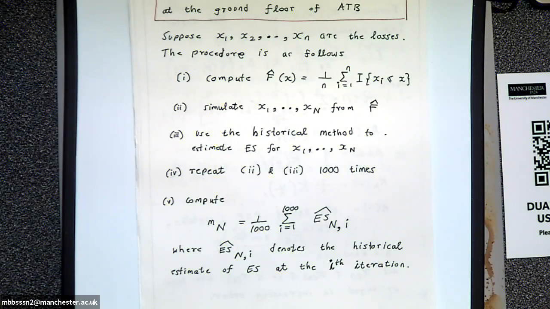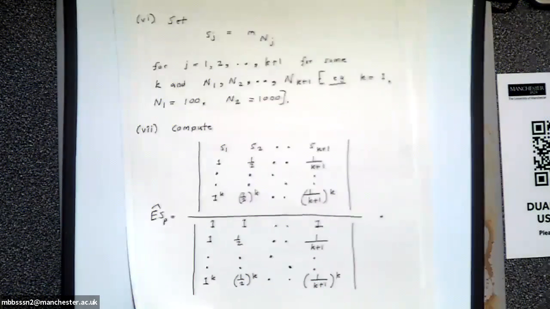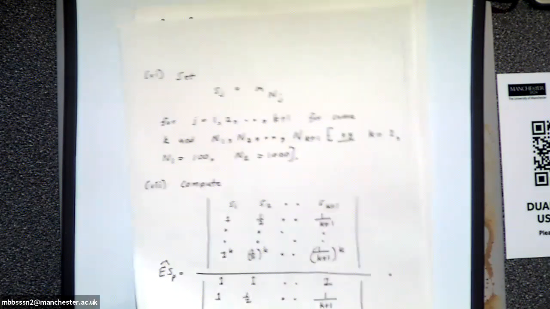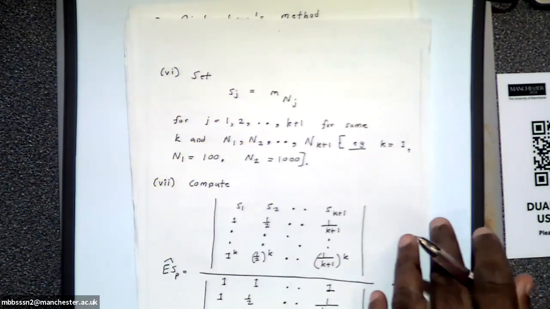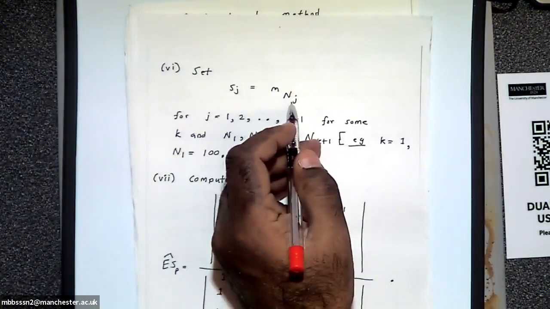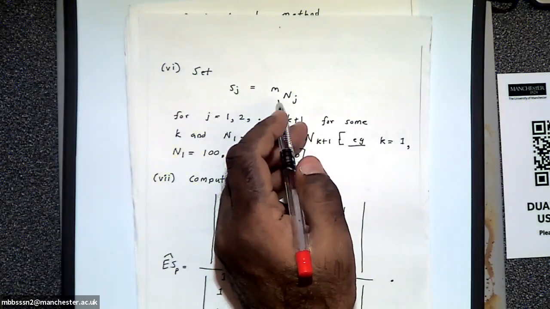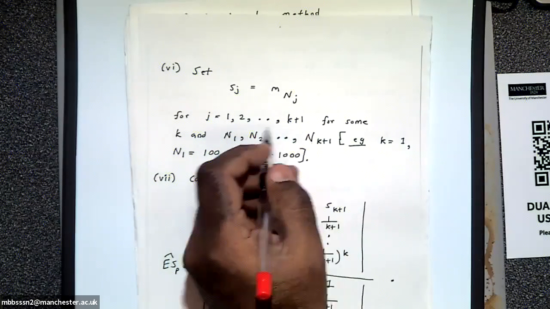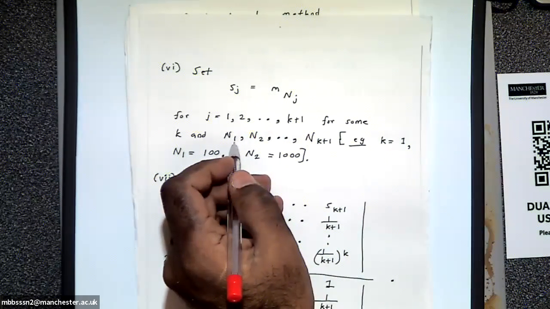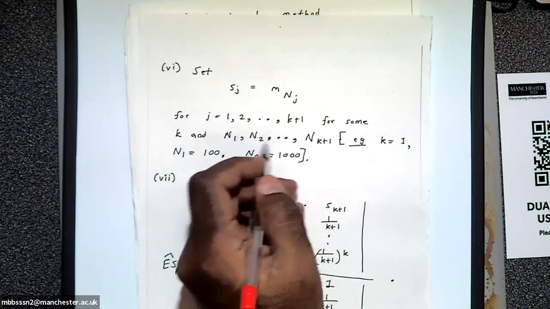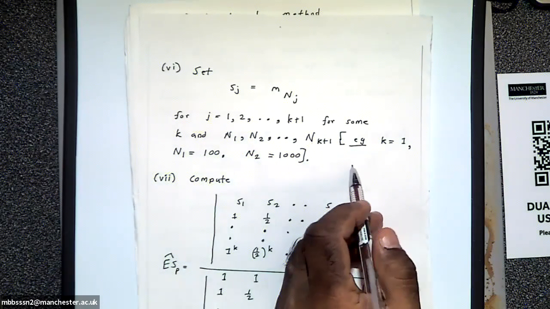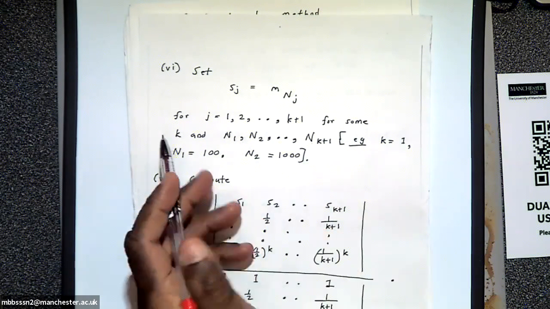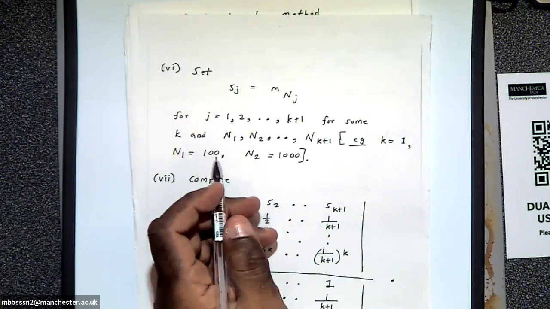Then the next step, step number 6, is this one. You define Sj as m subscript n subscript j. So this is like 3 levels, for j from 1 to k plus 1, for some values n1, n2 up to n subscript k plus 1. For example, you could take k to be 1, n1 to be 100 and n2 to be 1,000.